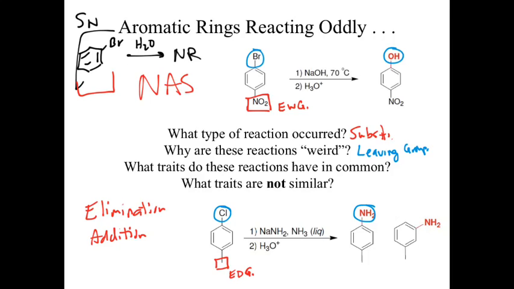So the next part would be to look at the reagents that we're adding. You'll notice in both cases that we are adding a sodium salt, either sodium hydroxide or sodium amide. Both of those species have something in common. They are both strong bases. Because they are also both small, they're also both very strong nucleophiles.